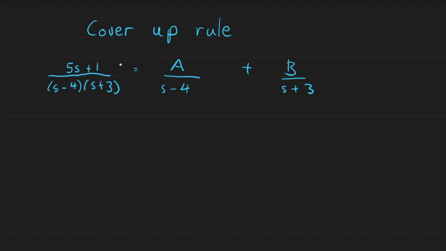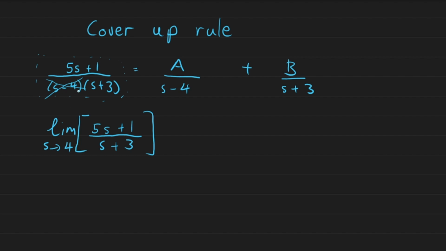So the shortcut is this. For A, we look at the expression on the left-hand side. We block out the linear term that's associated with A, and that term is s − 4. Then we write what's left, which is (5s + 1) over (s + 3), and we take the limit of this as s approaches 4.